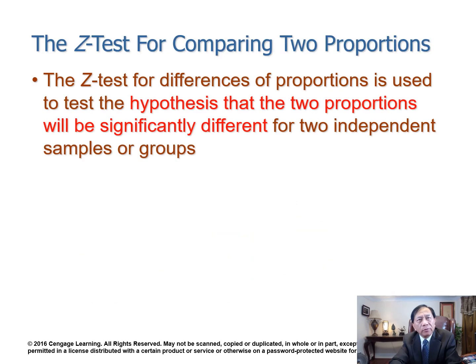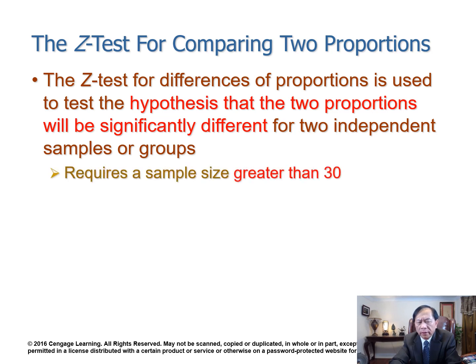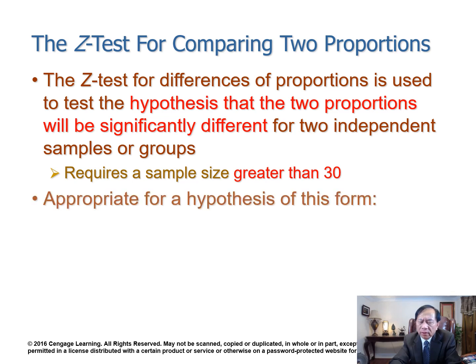The z-test. If you need to compare two proportions, you should use the z-test. The z-test for differences of proportion is used to test the hypothesis that two proportions will be significantly different for two independent samples or groups. This requires a sample size greater than 30.